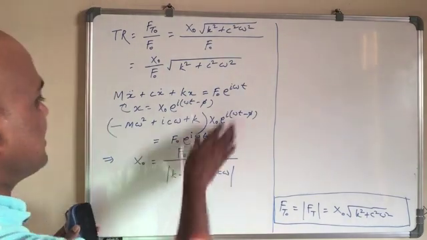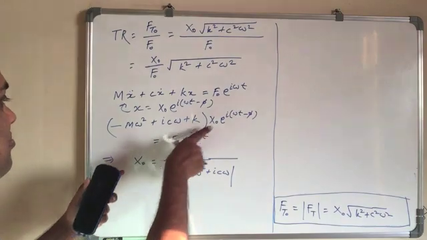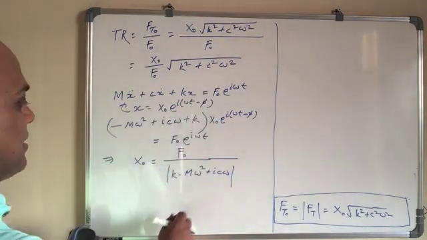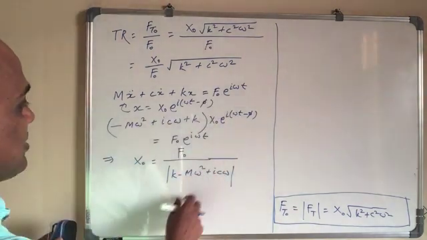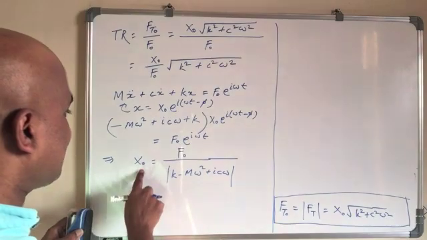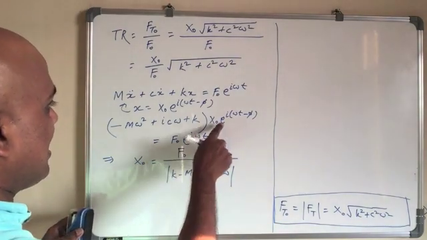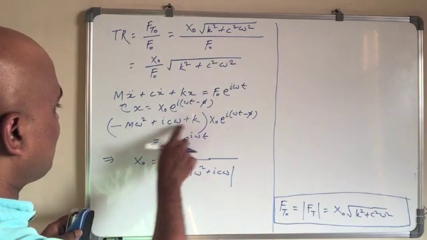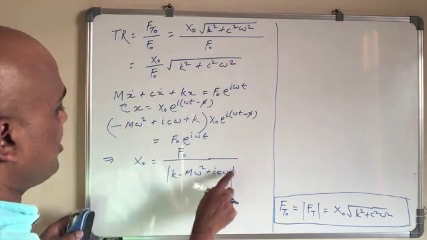If you take the magnitude of both sides, X0 equals F0 divided by the magnitude of k minus M omega squared plus i c omega.